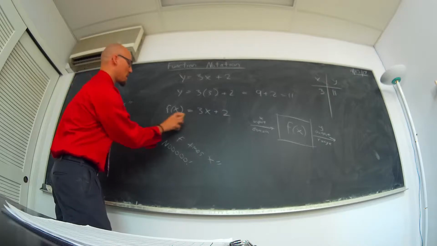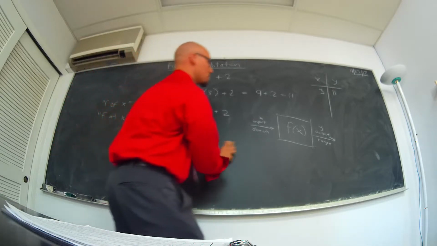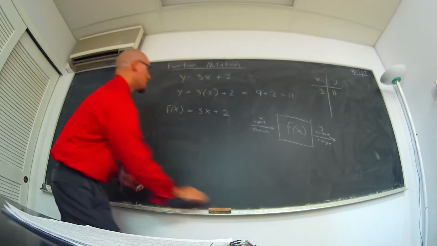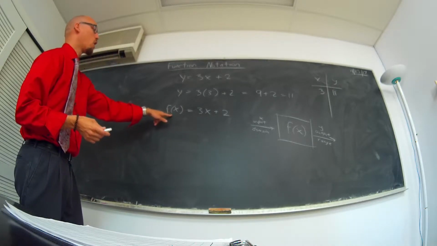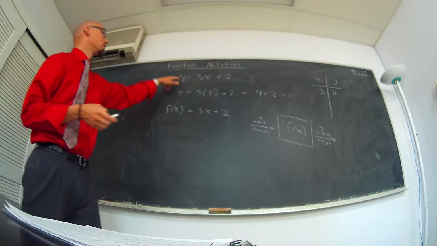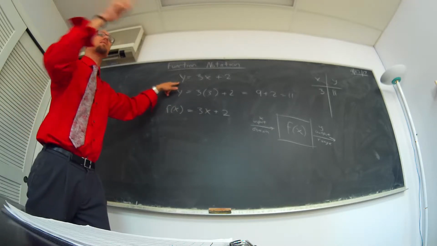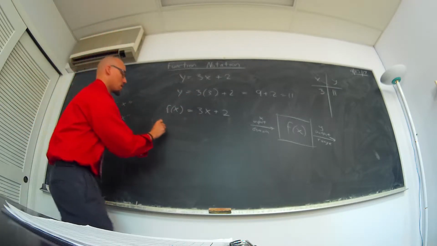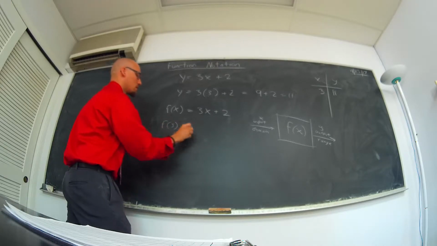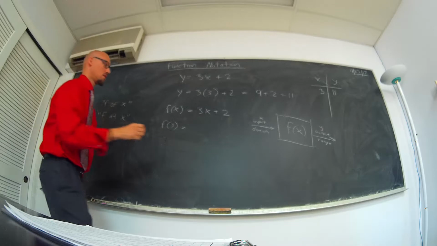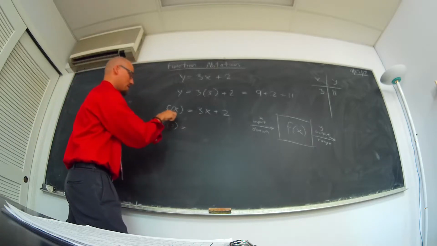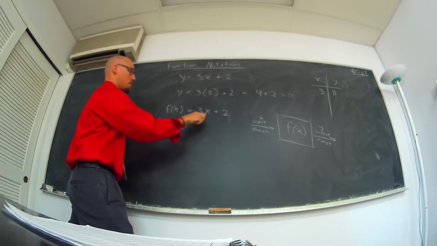Okay, so let's get back to f of x is 3x plus 2. Now instead of saying I want to know what the y value is when x is equal to 3, I just say f of 3. And I know that this means plug 3 into my function. Wherever there was an x, I'm going to plug in a 3.